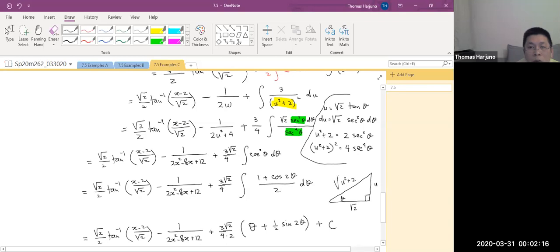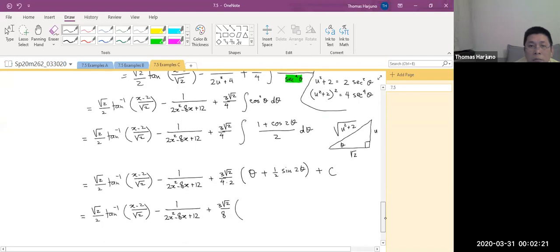Then theta will be the tangent inverse of u over square root of 2, plus 1/2 sine 2 theta. Sine 2 theta will be 2 times sine theta cosine theta.